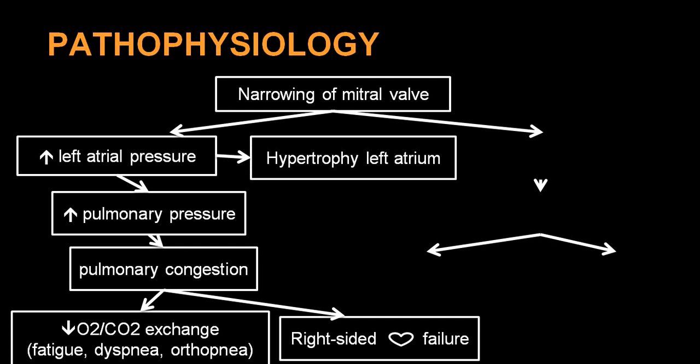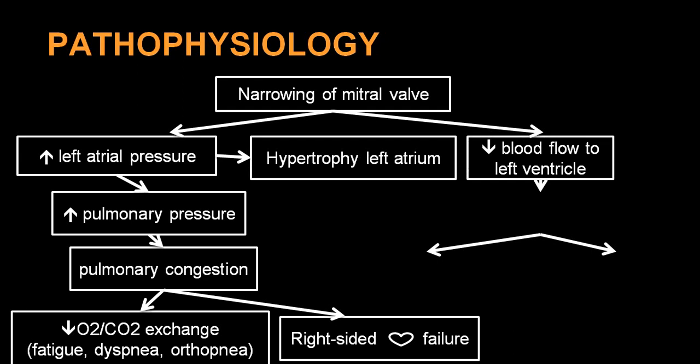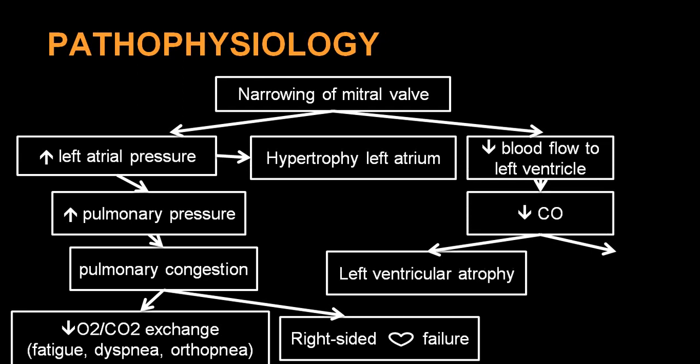Because of increased left atrial pressure, the left atrium has to do more work against resistance, causing hypertrophy as well as dilatation. Decreased blood flow to the left ventricle means decreased cardiac output; the left ventricular chamber will not be enlarged. You usually don't get atrophy, but you don't get enlargement. And there's decreased cardiac output, so decreased blood supply. So a person can complain of fatigue.